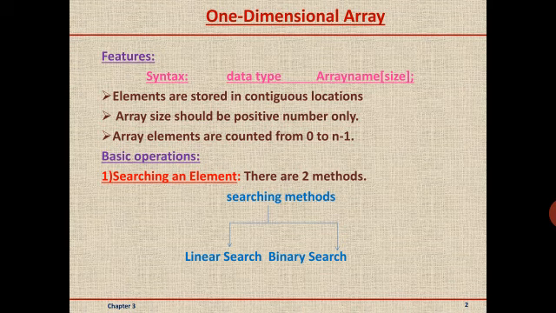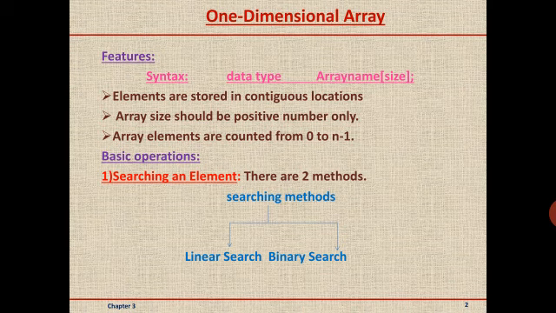Basically, arrays are classified into three types: one-dimensional array, two-dimensional array, and multi-dimensional array. In today's class, we learn the one-dimensional array.